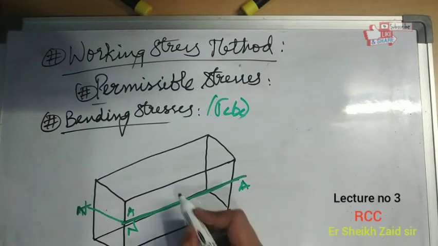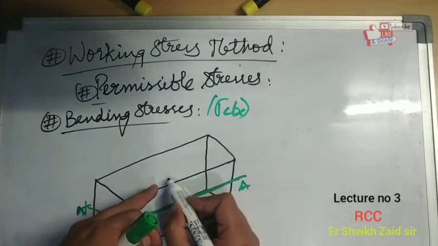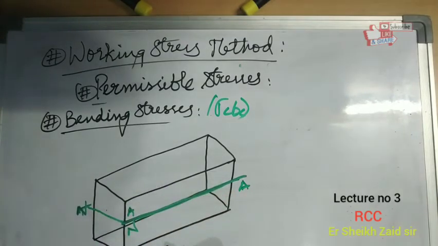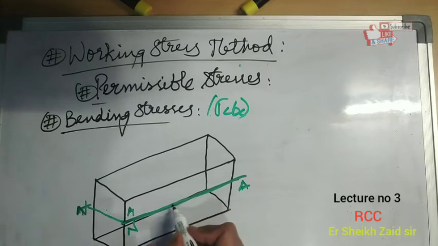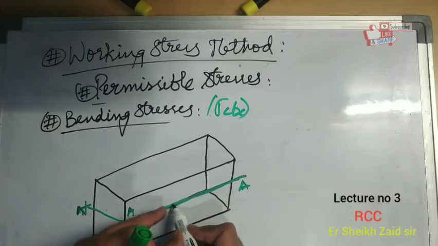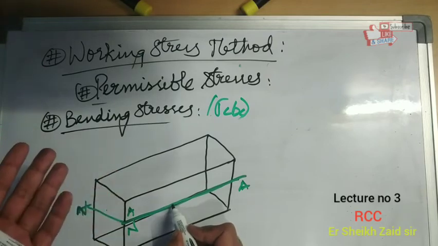Now we know the topmost fiber is subjected to compression and the bottommost fiber is subjected to tension, and at the neutral axis the bending stresses are 0. That means bending stresses increase linearly from the neutral axis to the extreme-most fiber.